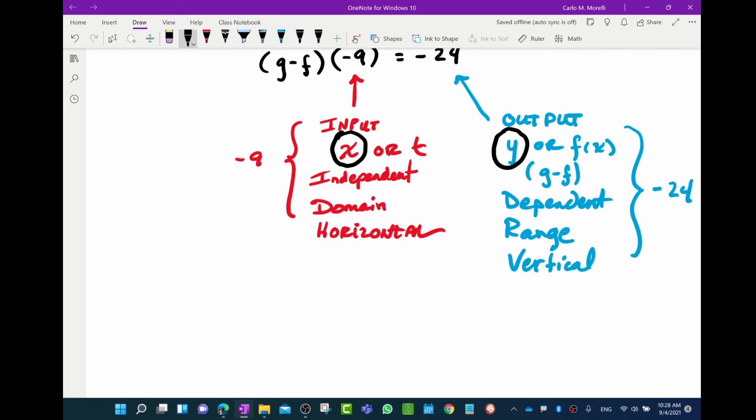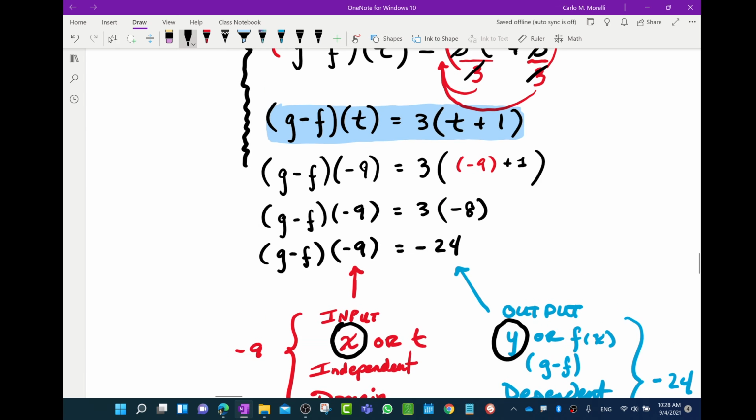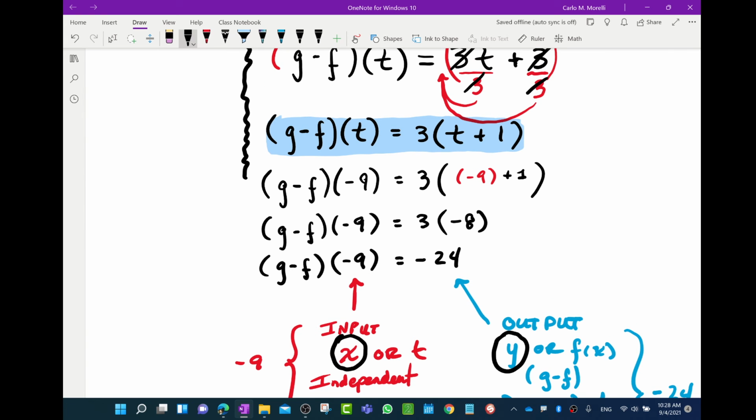So if I rewrite g minus f of t as y, then I have, back to my original equation, this is why it's so important, y equals, remember this, all of this gets replaced with just y.